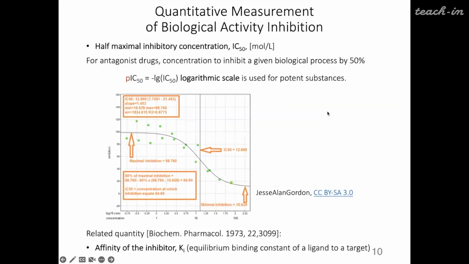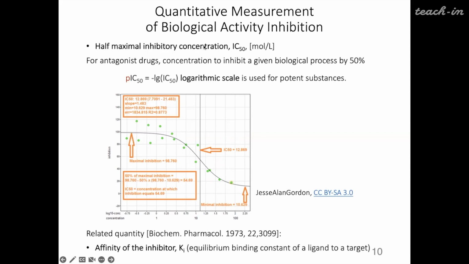And also, we should mention some quantitative metrics of inhibition activity. Often in QSAR studies, people discuss the so-called maximal inhibitory concentration.